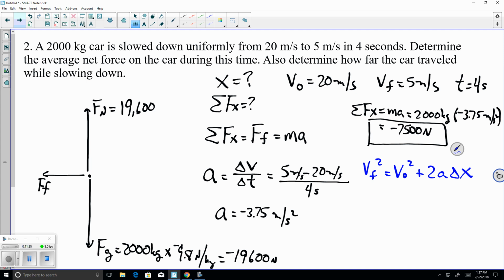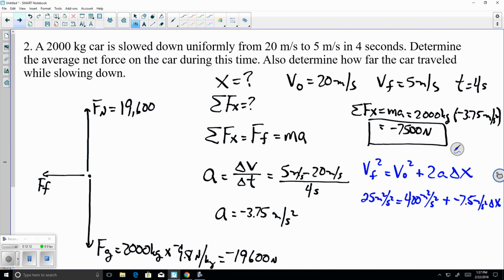So 5 squared, that's 25 meters squared per second squared, I have to square the units too, equals 400 meters squared over seconds squared plus 2 times A, which is minus 7.5, times delta x. Oops. Let me go back and put the units in. Meters per second squared delta x.